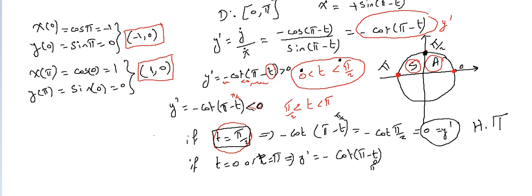The sine at 0 and pi is 0, and the cotangent is cosine over sine, so we have 0 in its denominator. This means it tends to infinity, and if the derivative tends to infinity, this means we have vertical tangent. At t equals 0 we have vertical tangent, at t equal pi another vertical tangent. Let's see what happens next.